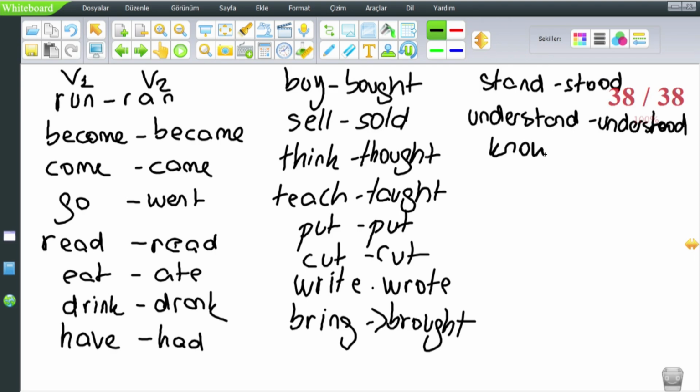Know, knew. We also have, let me think. Cut, we said cut. Eat, ate. Buy, bought. Sell, sold. Think, thought. Write, wrote. Bring, brought. I remembered this much for now.